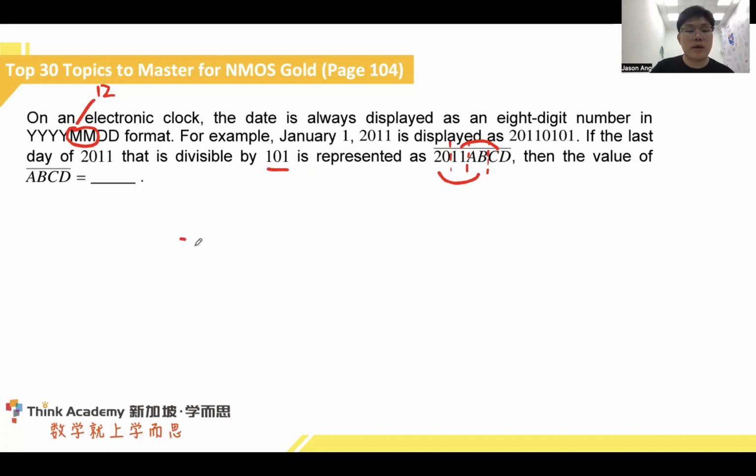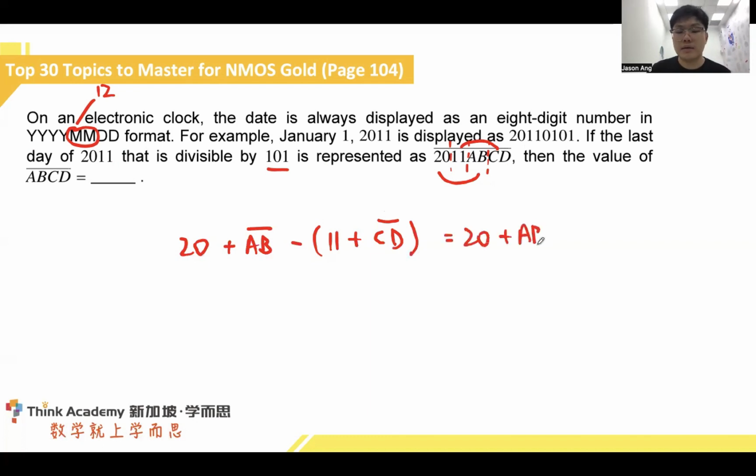So we can take 20 plus AB. Remember the line at the top is representing a 2-digit number. Then we subtract away the sum of 11 plus CD. This means that we are going to get 20 plus AB minus 11, then minus CD as well, or basically 9 plus AB minus CD.